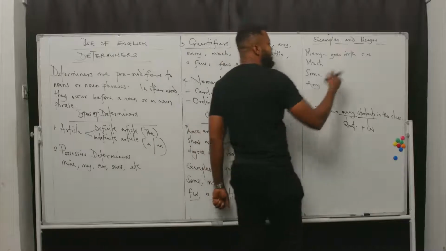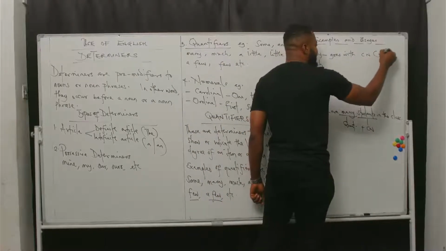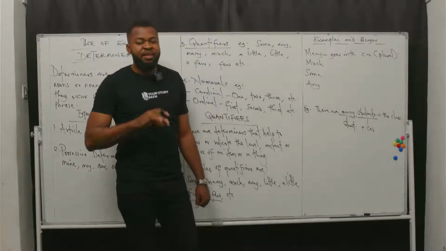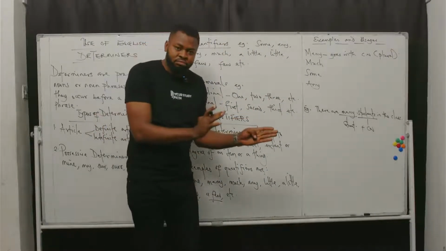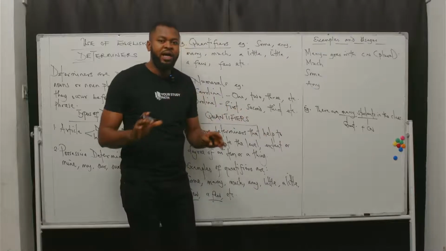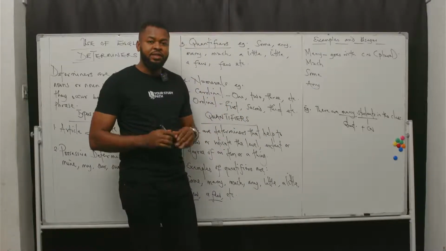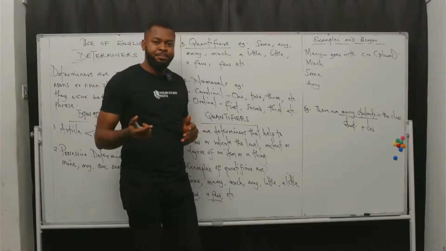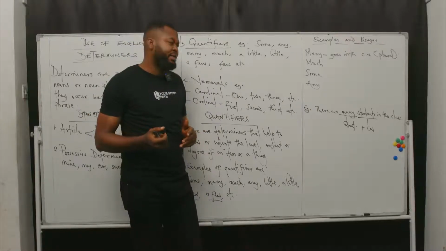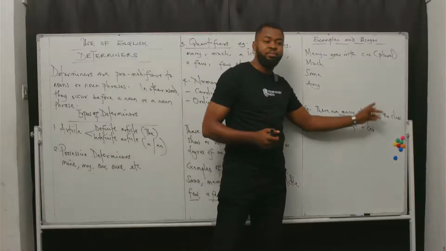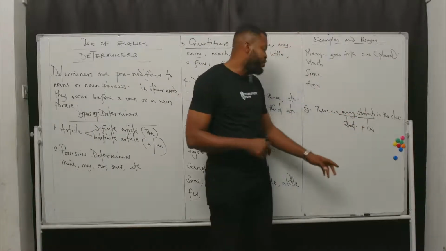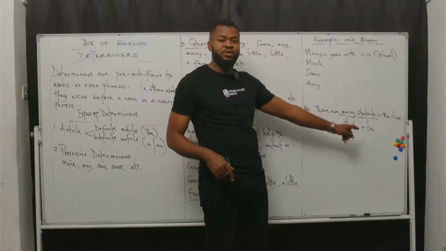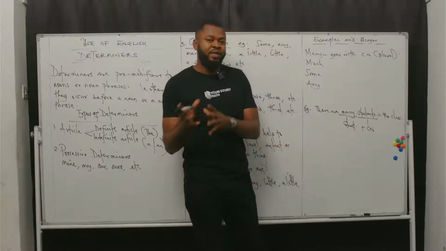Many usually attracts plural count nouns. We take note of that. Anytime you have many, most likely it will be a plural count noun. That is, in the first instance, you have plural, meaning you're talking about more than one living thing. And then it has to go with count nouns. Can you see the way I'm able to pluralize students? Those students, that's the way that count nouns work.